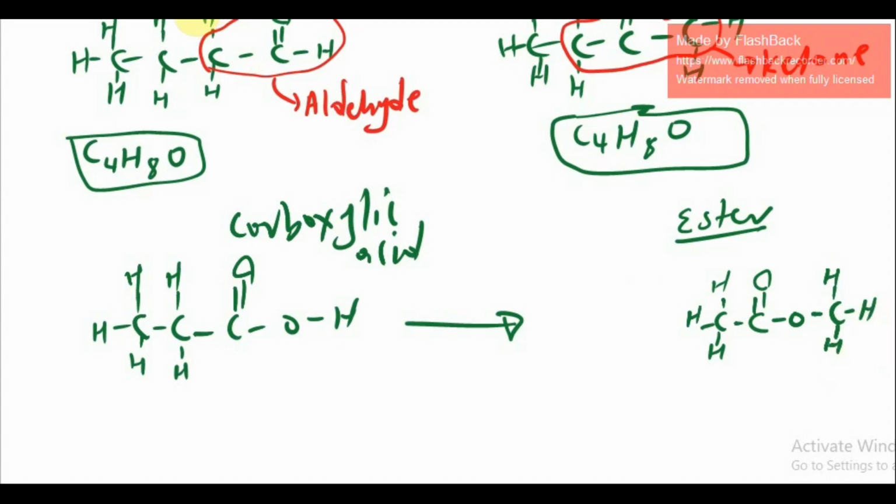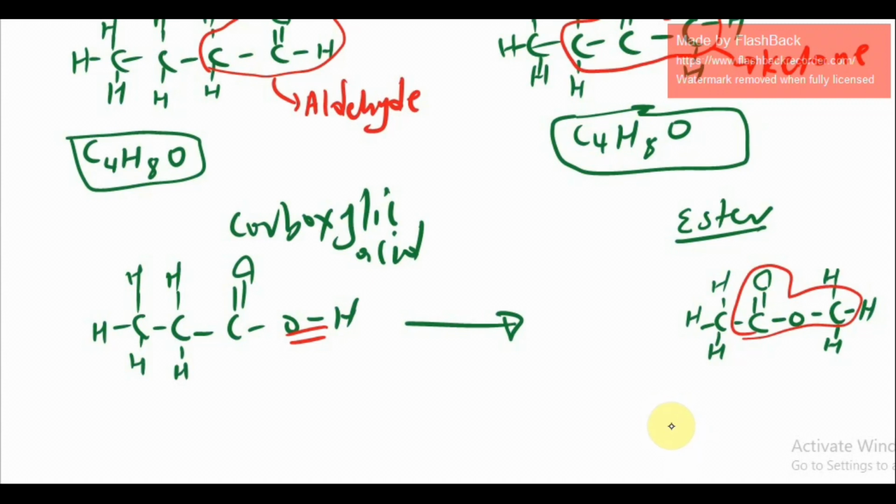So this is an ester, the functional isomer of the carboxylic acid. There is no OH, which means the structural formula is not the same. Alright? The molecular formula is the same. So those are the functional isomers.